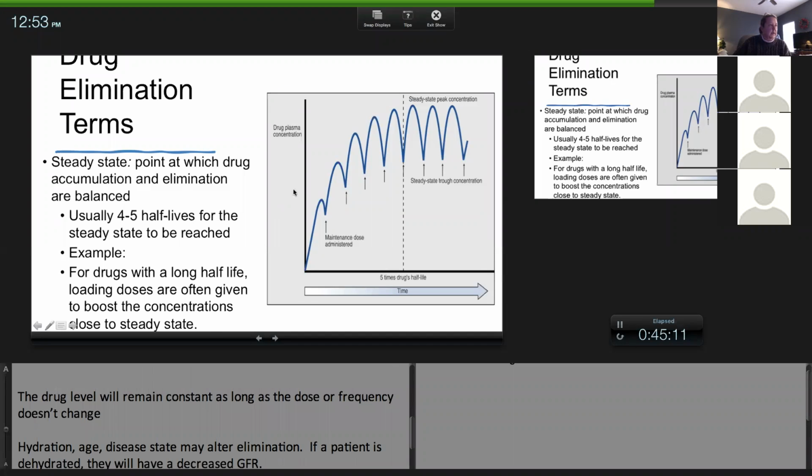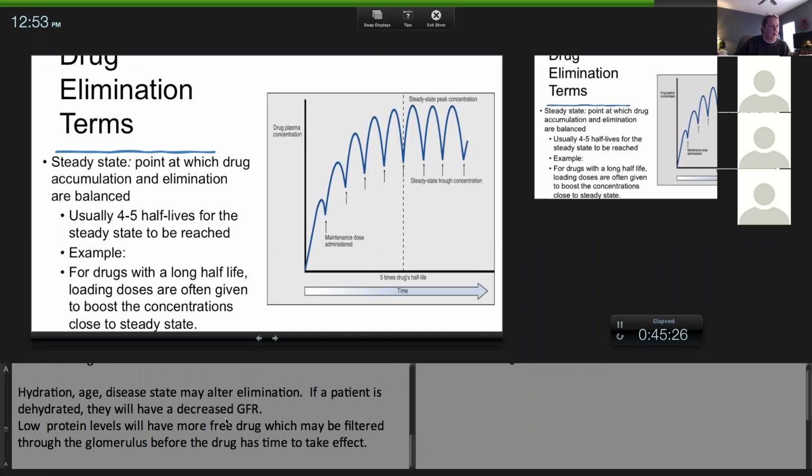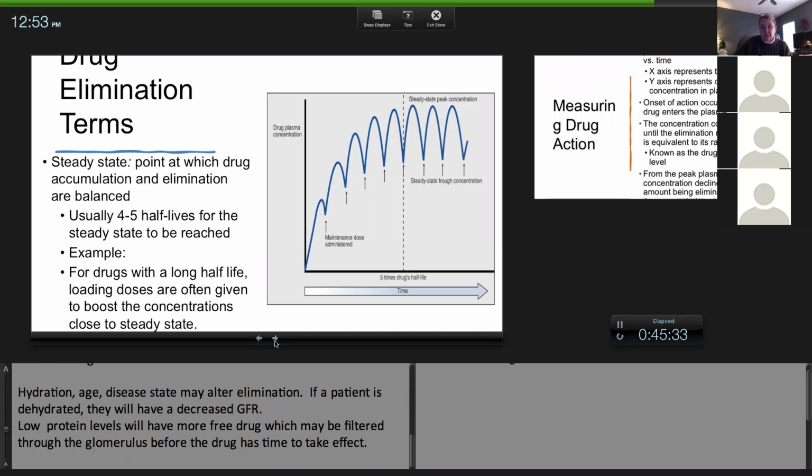So we give a maintenance dose, and over 5 times the drug's half-life we give repeated dosing and then we finally reach a steady state where we're maintaining the drug. This also relates to therapeutic range.